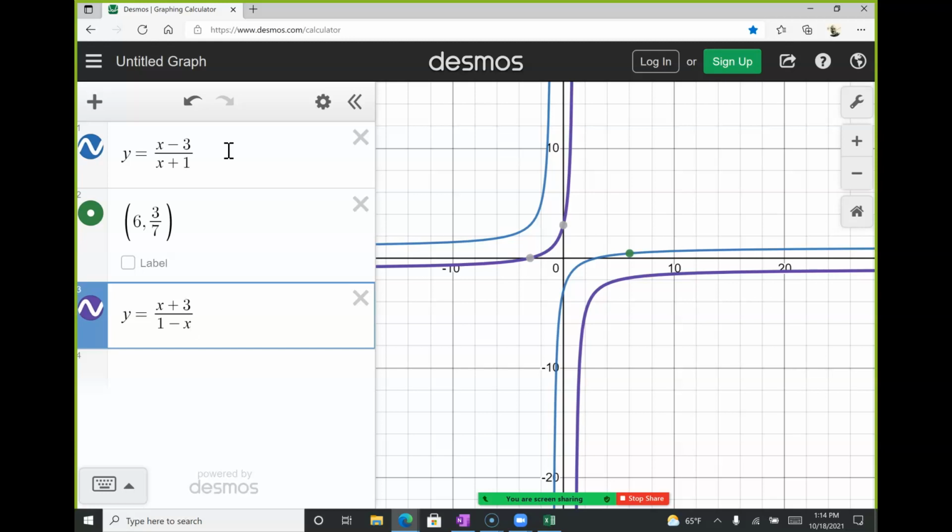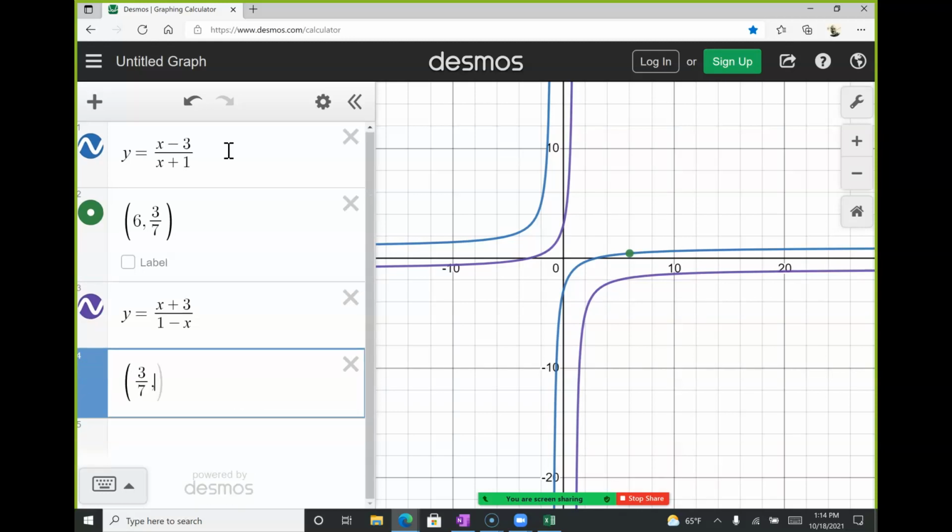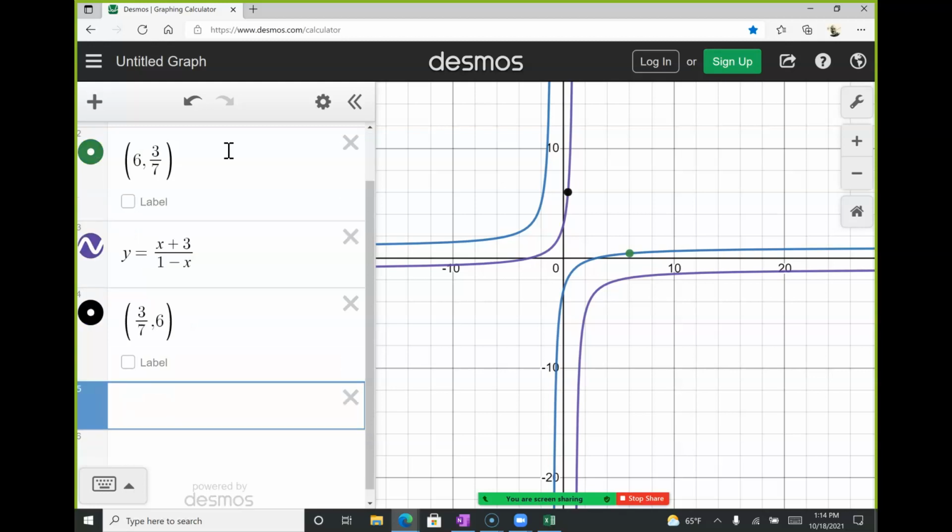But more important is when I put in this point of 3/7 comma 6, there's a connection between these 2 points: they're reflections of each other over this line, y equals x.